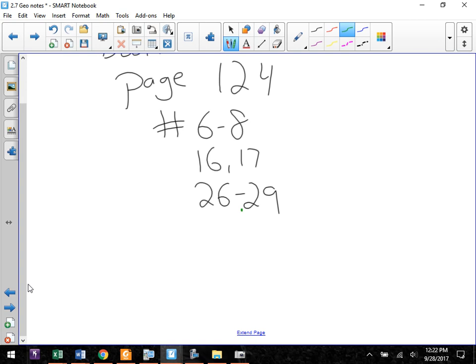So angle A plus angle B have to equal 90 because they're complementary, and then it says angle A is. What does the word is mean in math? Equals. Good. Angle A is twice the measure of its complement. Well, B has to be its complement, right? That's the question.